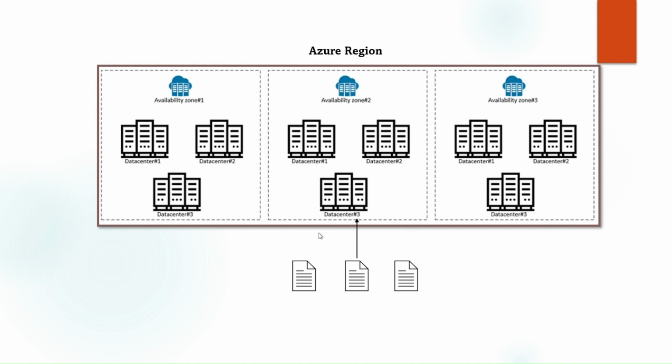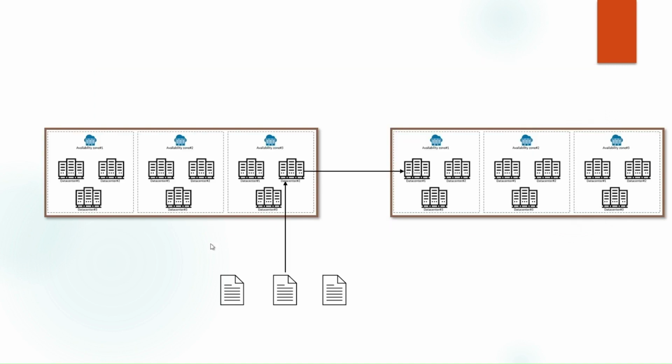The next option that we have got ourselves is geo-redundant storage. It replicates your data to a secondary region, providing a higher level of durability and availability. You don't get to choose the secondary region, but Azure does that for you. In case of a disaster or an outage in the primary region, the data can be accessed from the secondary region.